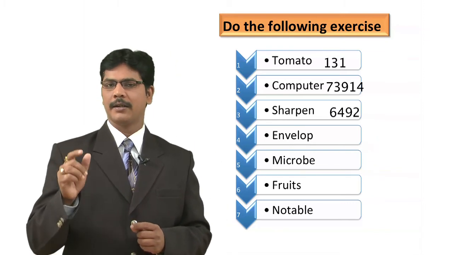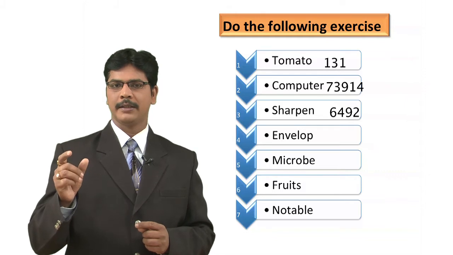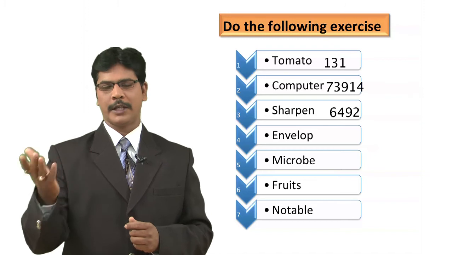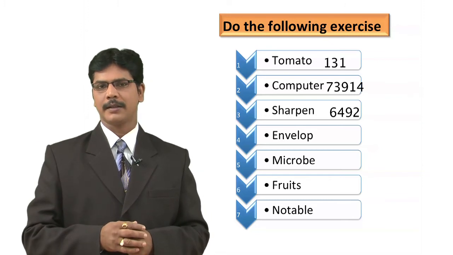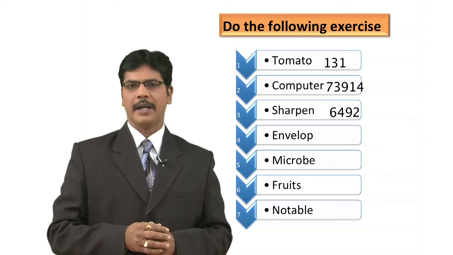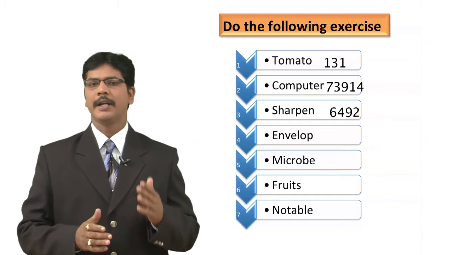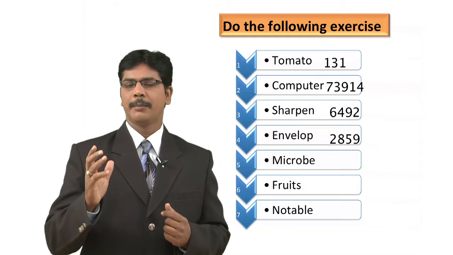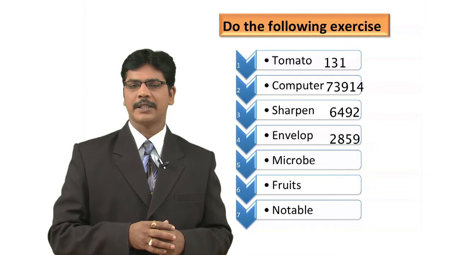Sha, 6, R, 4, P, 9, N, 2. Sharpener is 6492. Next word is envelope. E is a vowel. N, 2, V, 8, L, 5, P, 9. That's the answer for envelope.